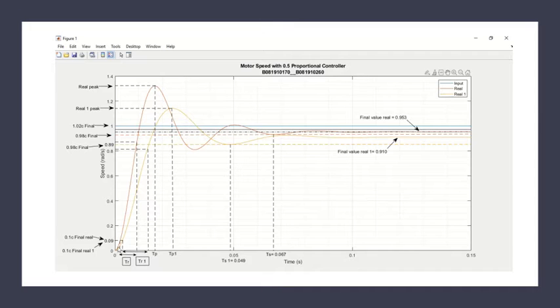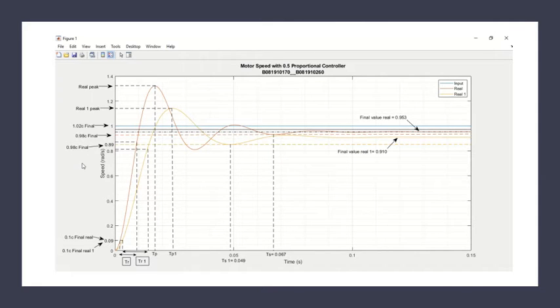So I have labeled the 0.09. Next we need to find the value of 0.9, which is 90% times the final value real.